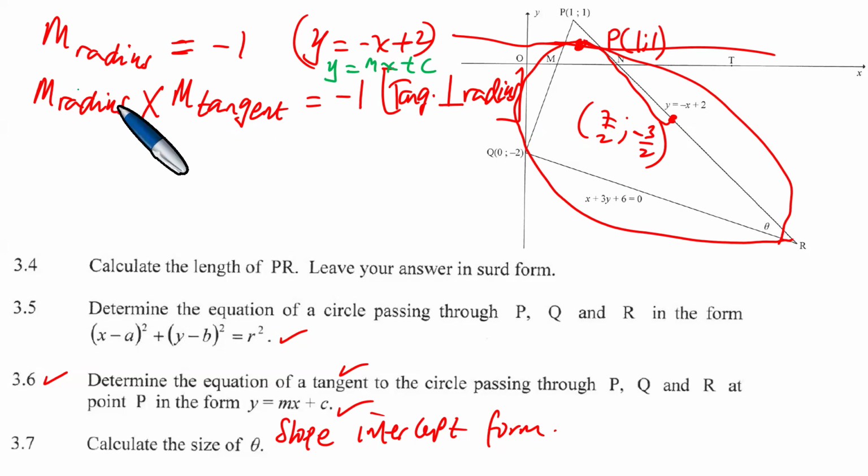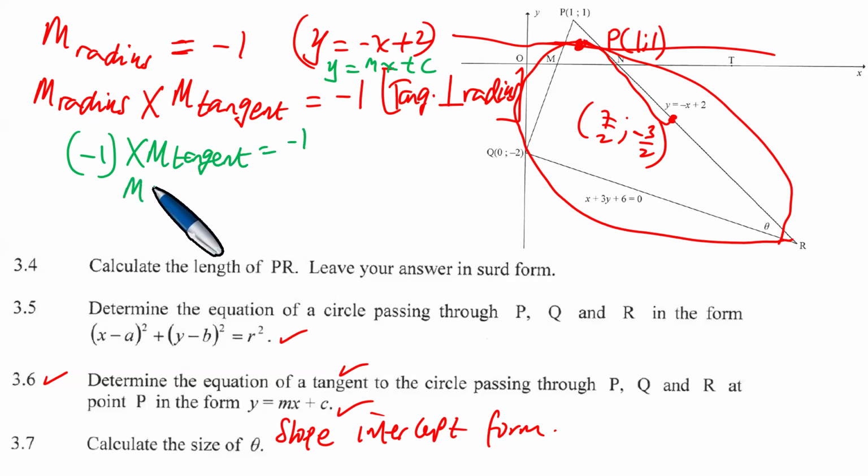So we substitute here the gradient of the radius, you put -1. Equals -1. The gradient of the tangent, you divide by -1, you multiply both sides by -1, getting a 1.